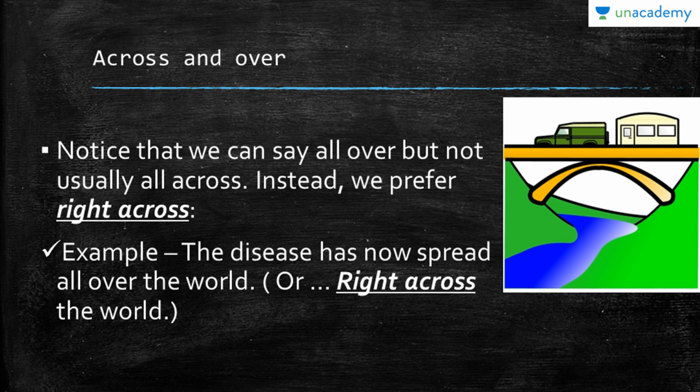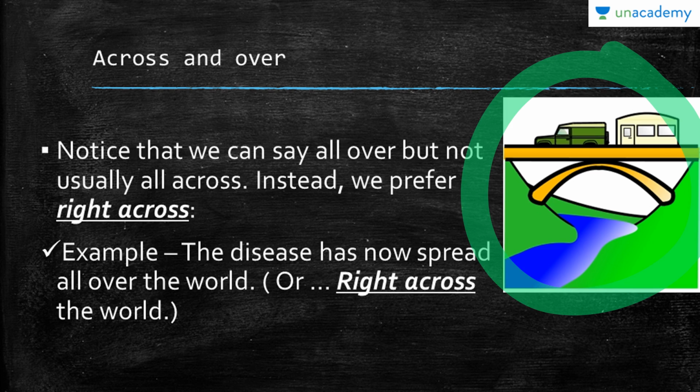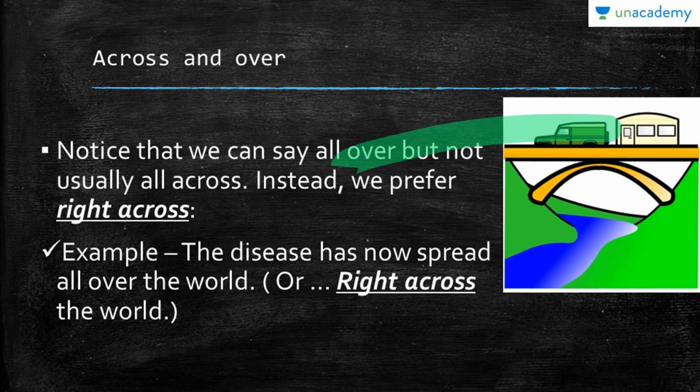From this picture we can see that this car is passing across this bridge, because the bridge is elevated, but the surface of the bridge is flat, and the movement is a linear propulsive movement and not an upward movement.